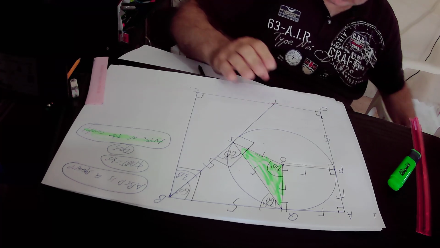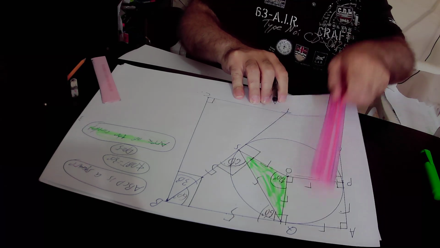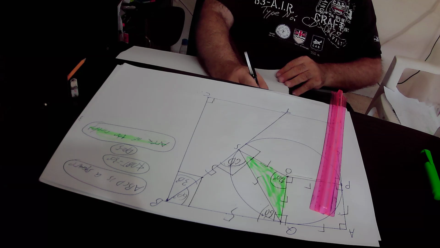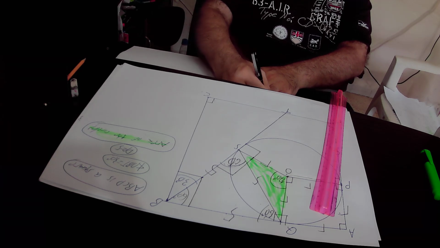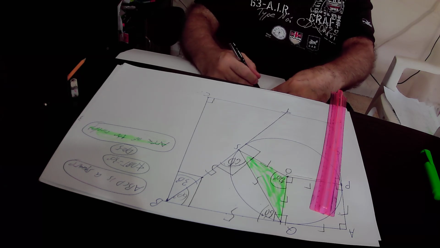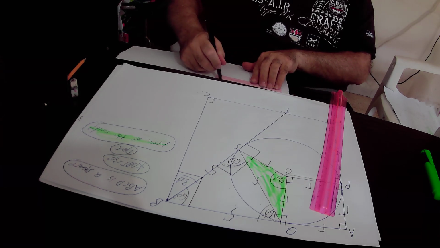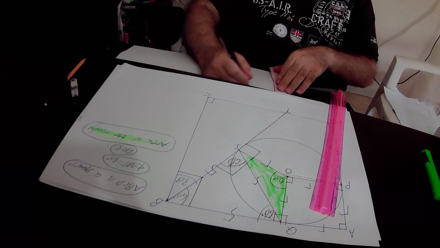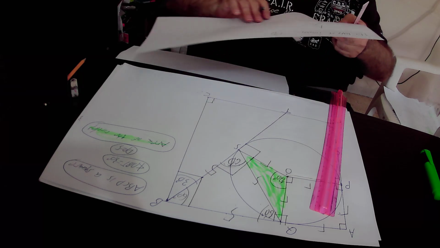So actually, the law of cosines is true in any triangle. So if we have triangle ABC that could be any triangle, so this is triangle ABC.